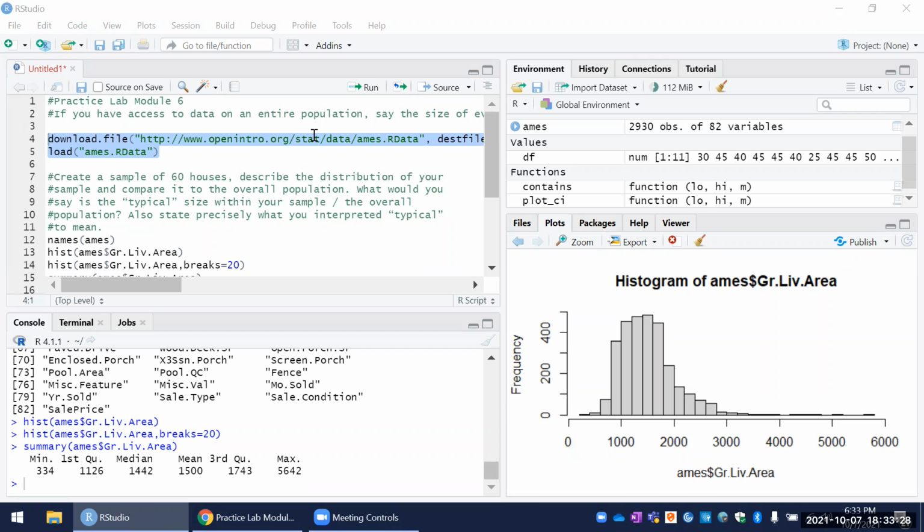Cannot open the connection in addition to warning images. Something like an error is coming up. It cannot load it up. Okay. Try to just like copy the entire thing, download file and load, and press Control Enter. It's not working. I tried that. Did you copy it from the chat? Yes, Professor.